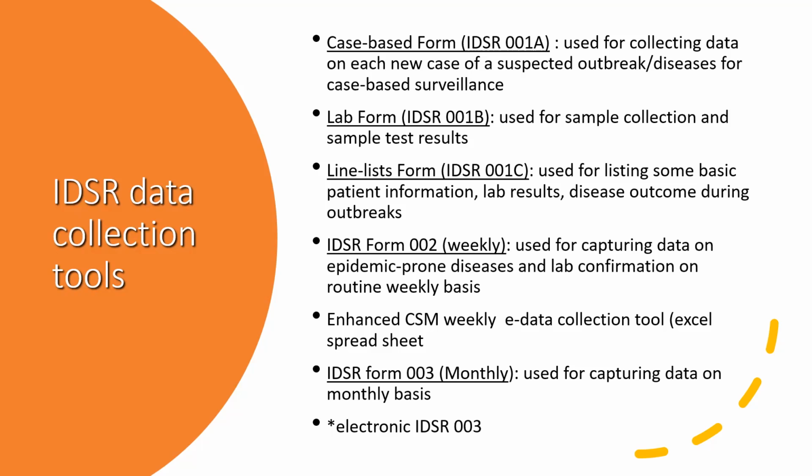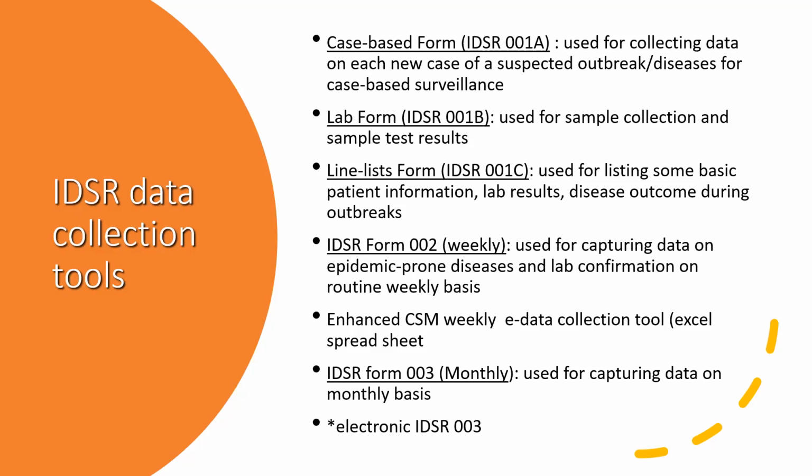So this line list is almost like how an Excel spreadsheet would be, and you have different columns that collect different information. So when you're investigating an outbreak, for example, each person that you are suspecting to have a disease will get a form 001A.